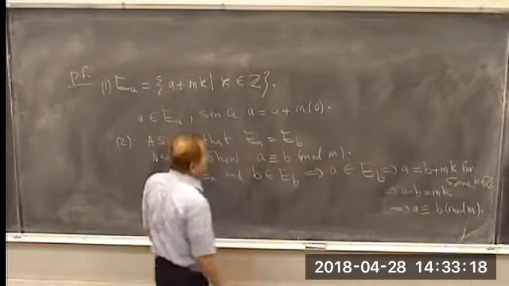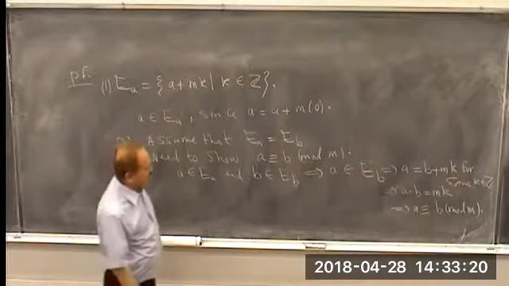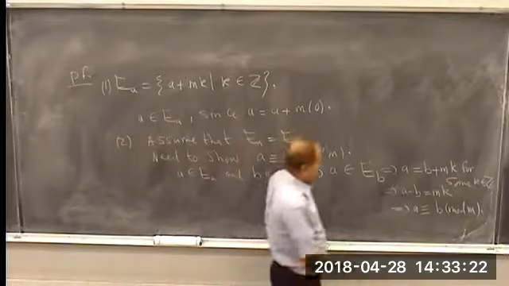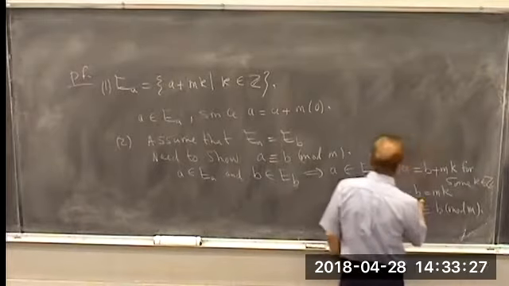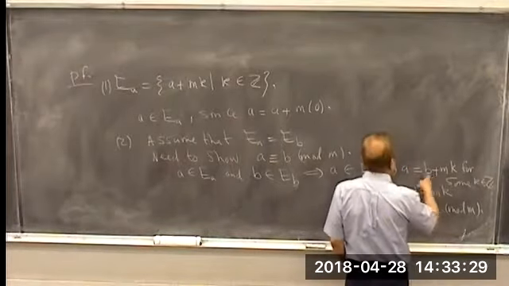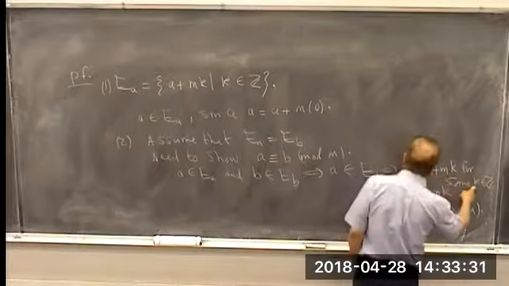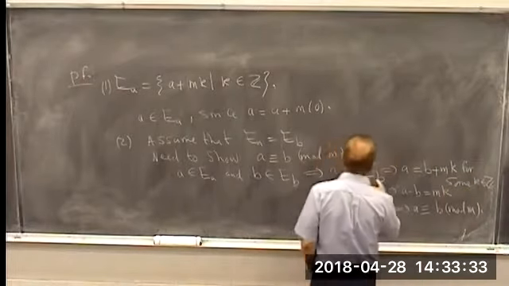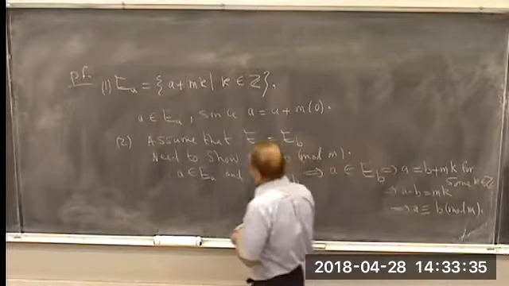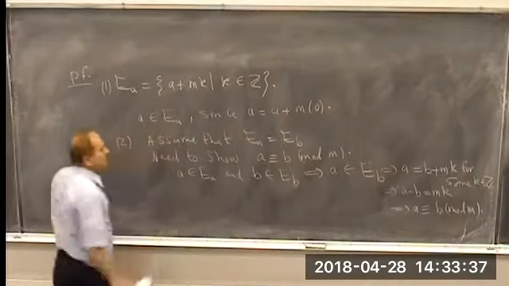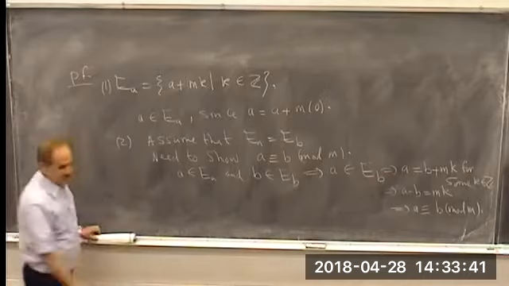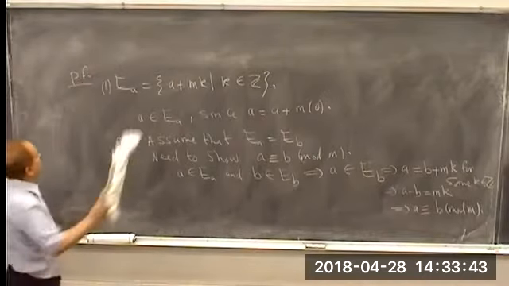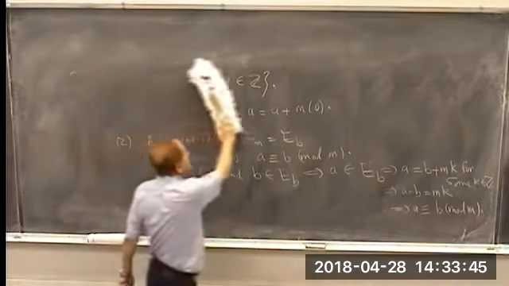And this argument is almost reversible. That is, if A is congruent to B mod M, then we can express A in this form, and then we have A is in E sub B. But let me actually do the other direction in a more general setting.